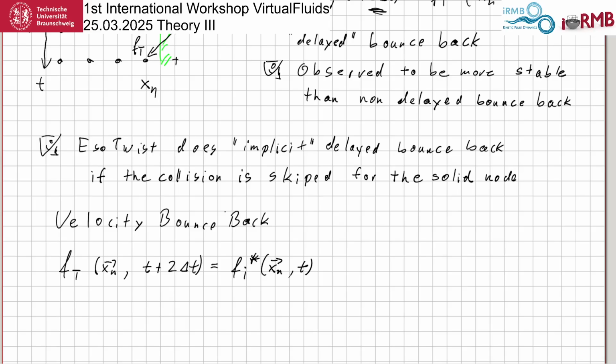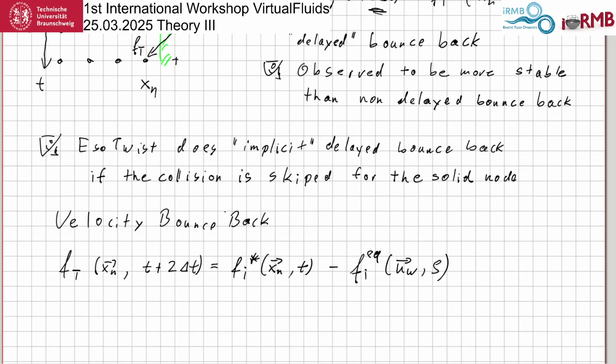And now if you want to add a velocity, what you can do is you can add the equilibrium, giving the equilibrium that you derive from the velocity of the wall and the density.